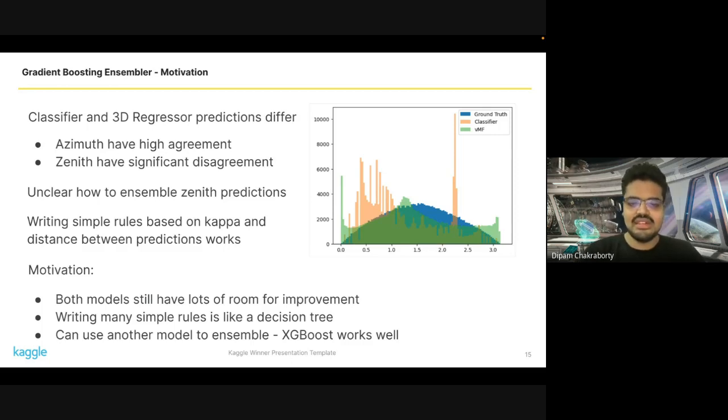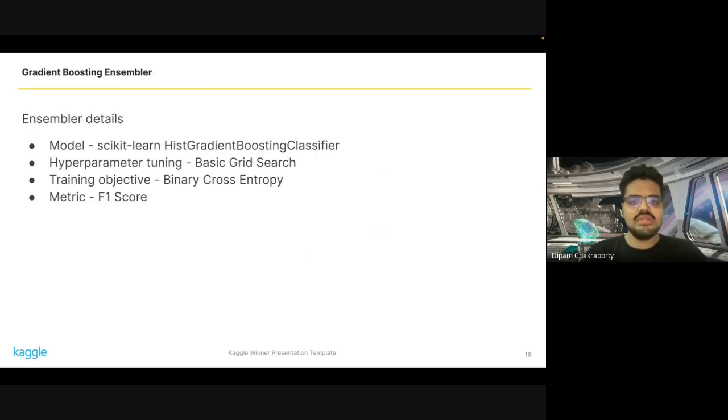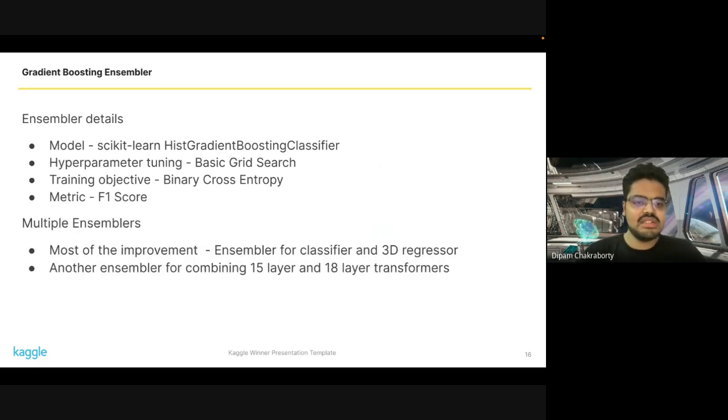So I decided, okay, this seems like a normal decision tree. I can use something like a boosting method, and that actually worked really well. For boosting, I use scikit-learn's histogram gradient boosting classifier, and since I'm combining two models, it's just predicting which one to take. And with that, I was able to get a significant boost in score.